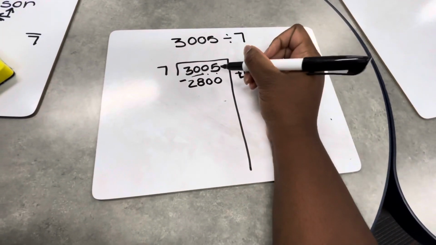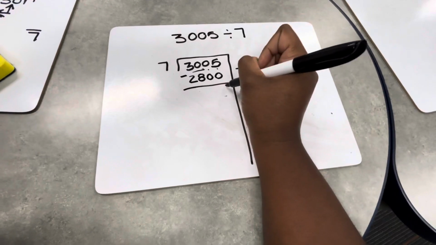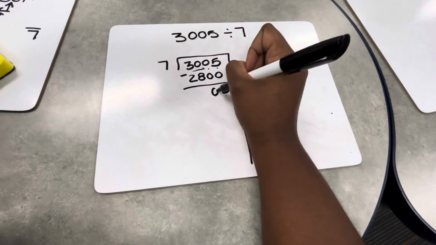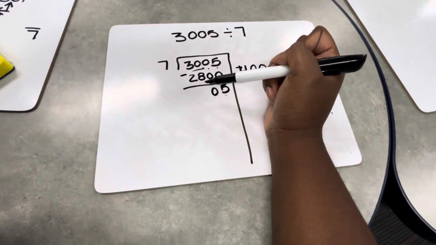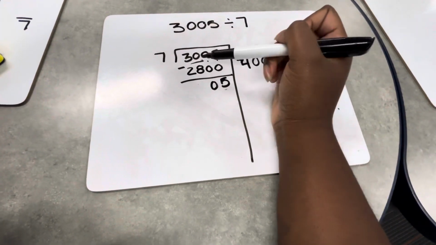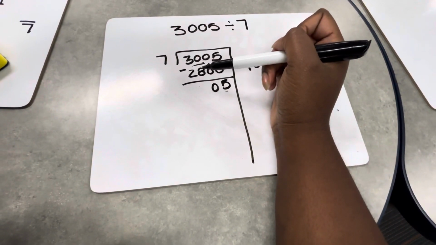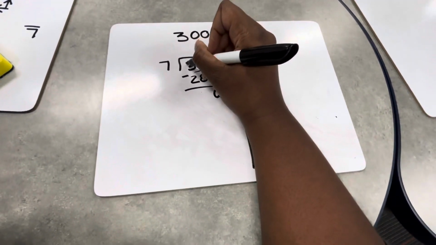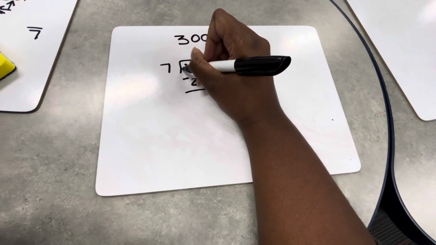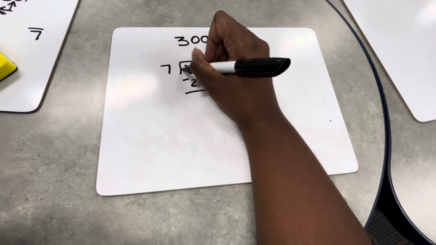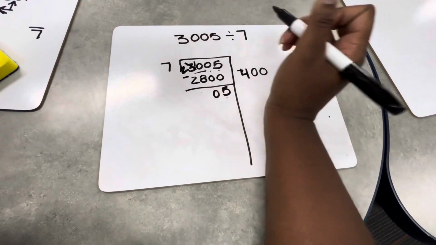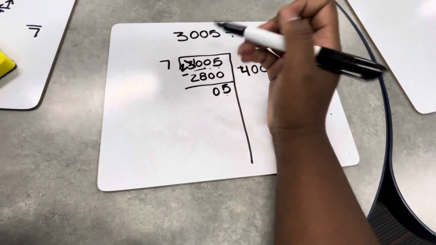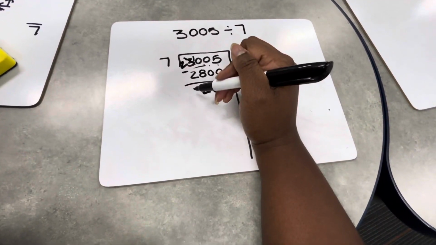I'm going to subtract that number. 5 minus 0 is 5. 0 minus 0 is 0. 0 minus 8, we know we can't do this. Sometimes I see a lot of students say 0 minus 8, they know they can't do it, and then they'll reverse it and go 8 minus 0. Remember, this is where we will regroup. So we're going to borrow one from that 3. It's going to turn into a 2. That 0 turns into 10. 10 minus 8 is 2. 2 minus 2 is 0.